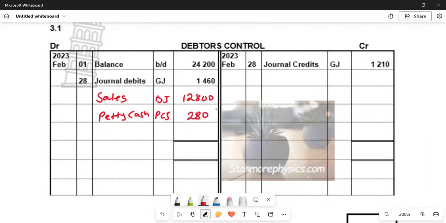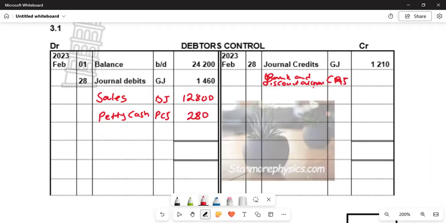So also now here on the credit side, we have bank and discount allowed, which are all from the cash receipts journal, CRJ.